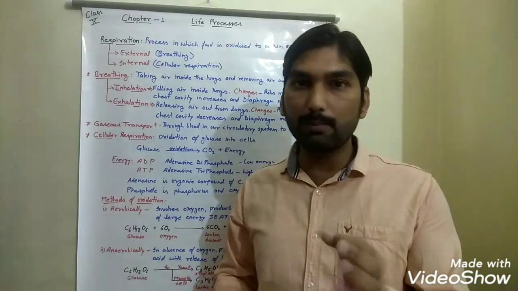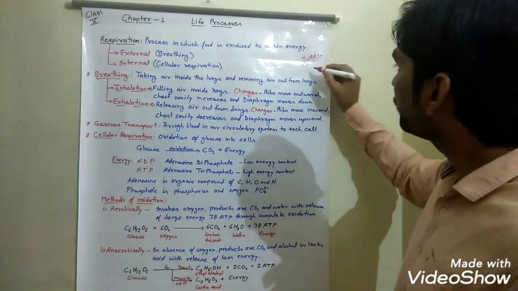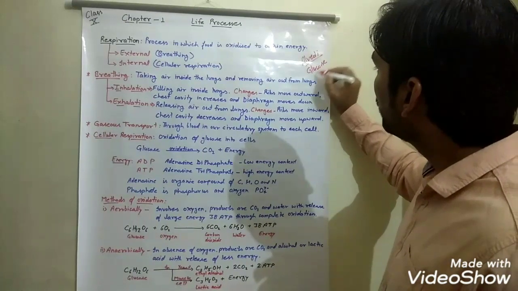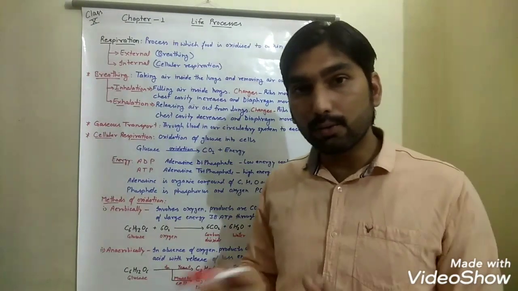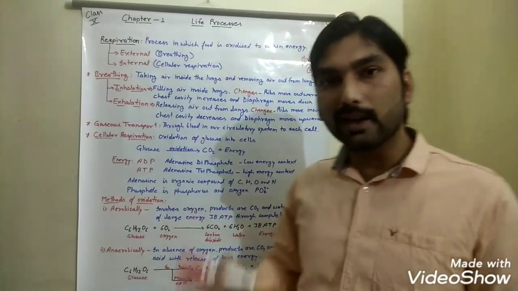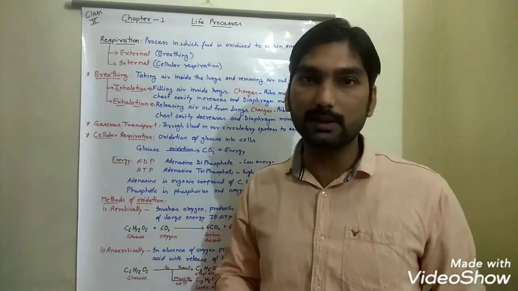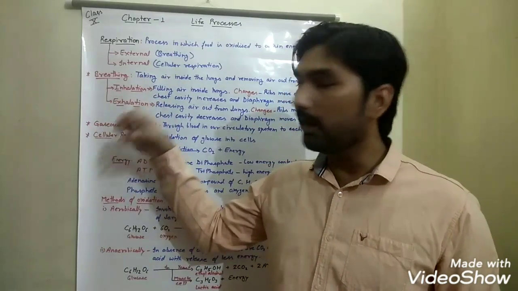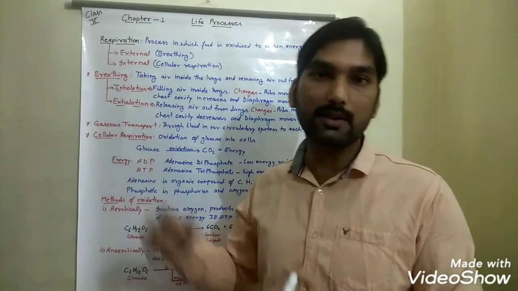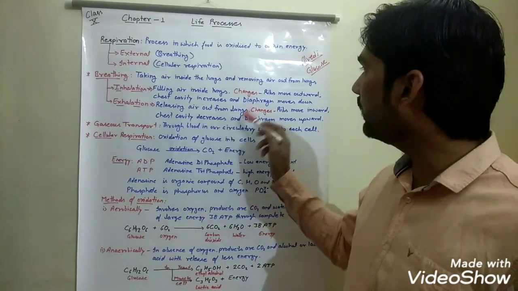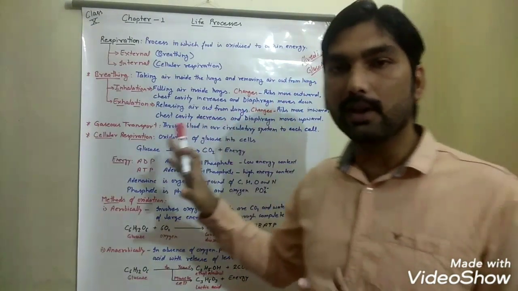So one very important nutrient, glucose, is already present inside the cells upon completion of the nutrition process, and now we take in air, especially oxygen, and this oxygen is transported to the cells where glucose is already present.